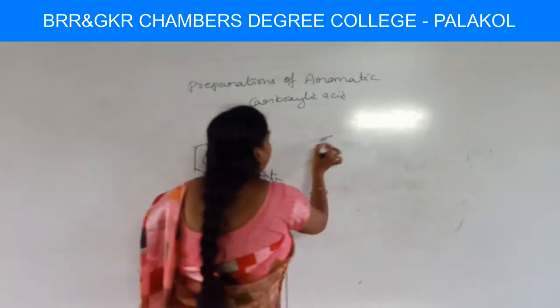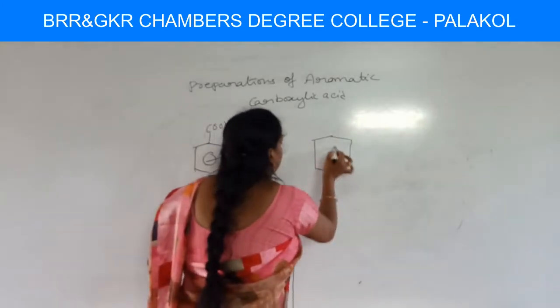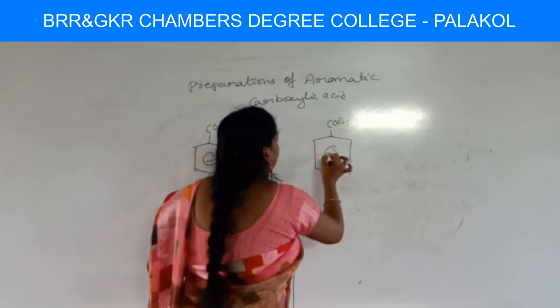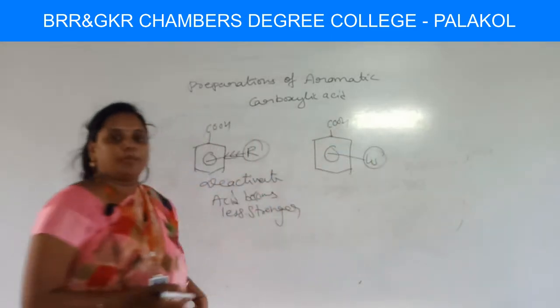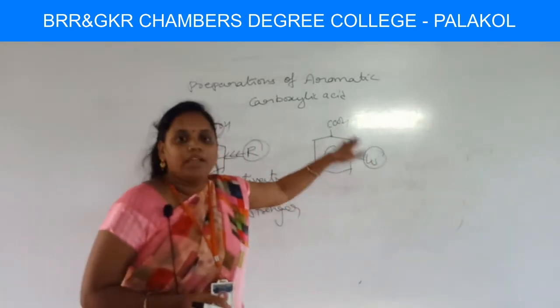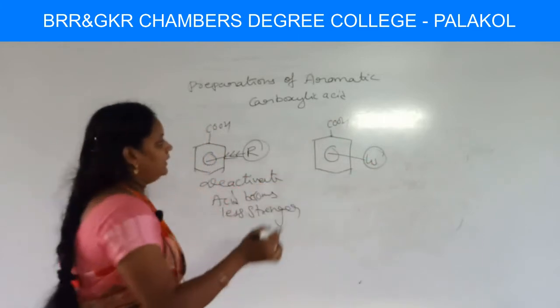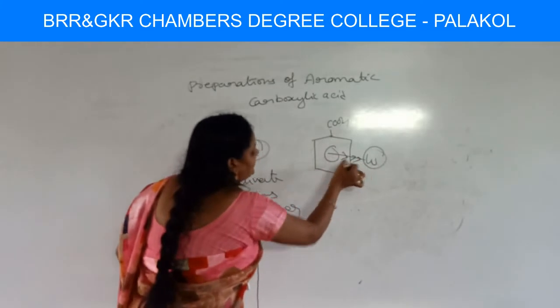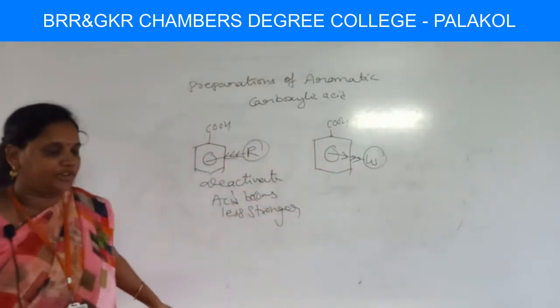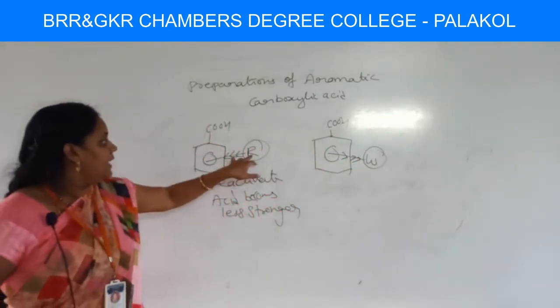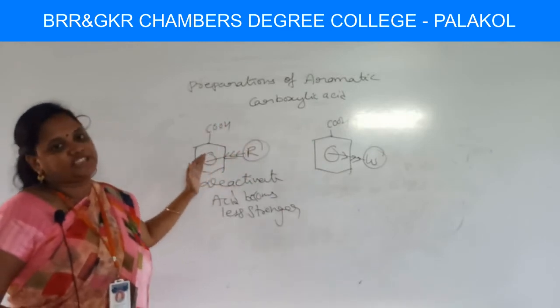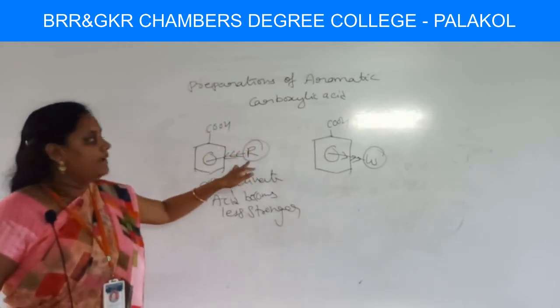But when you compare with the carboxylic acids, if an electron withdrawing group is present on the benzene ring, it activates the benzene ring by withdrawing electrons. Here, the alkyl group releases electrons to the benzene ring, right?